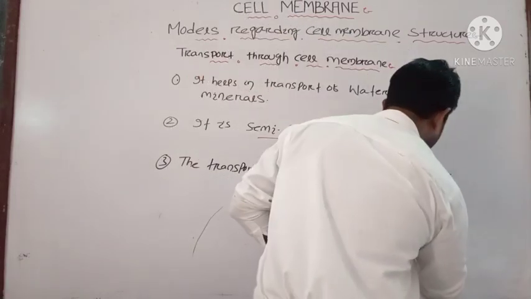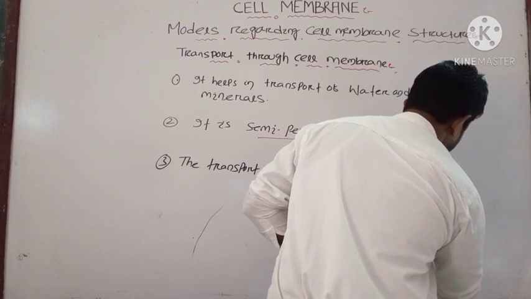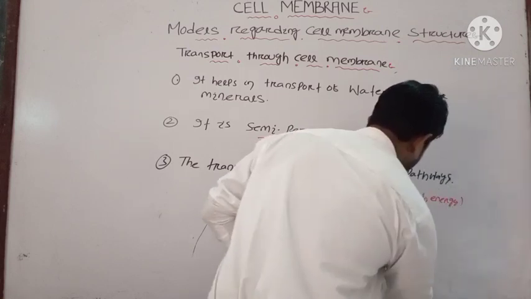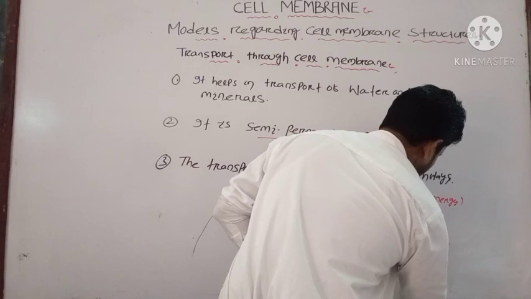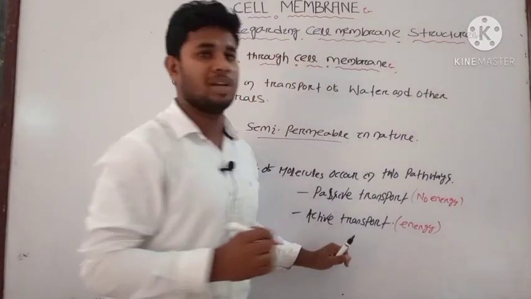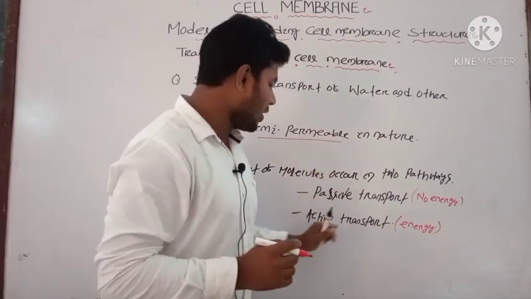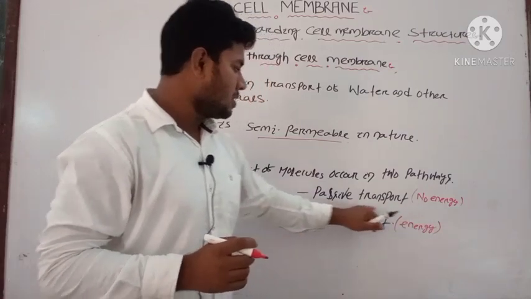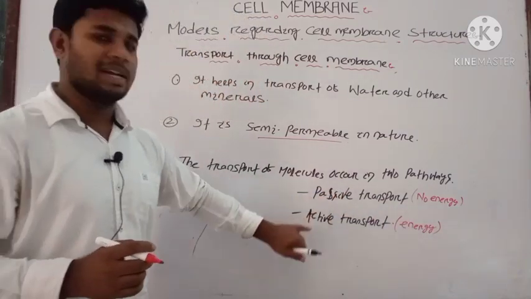There is no energy required in passive transport, but we require energy for transport of molecules between cells. Note down these points, then we will discuss passive and active transport separately.